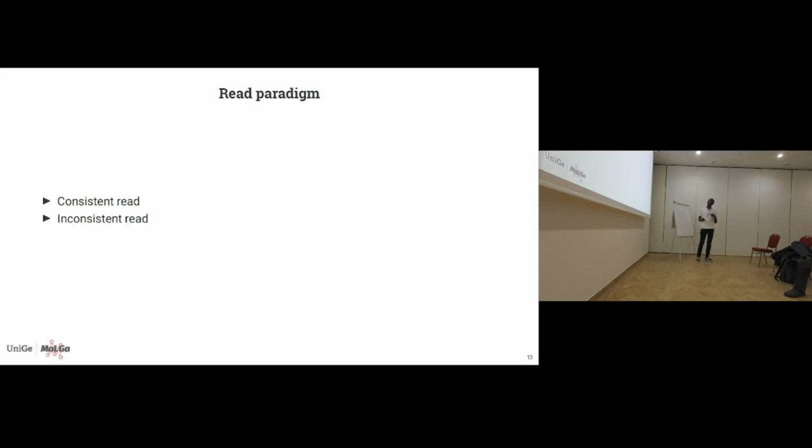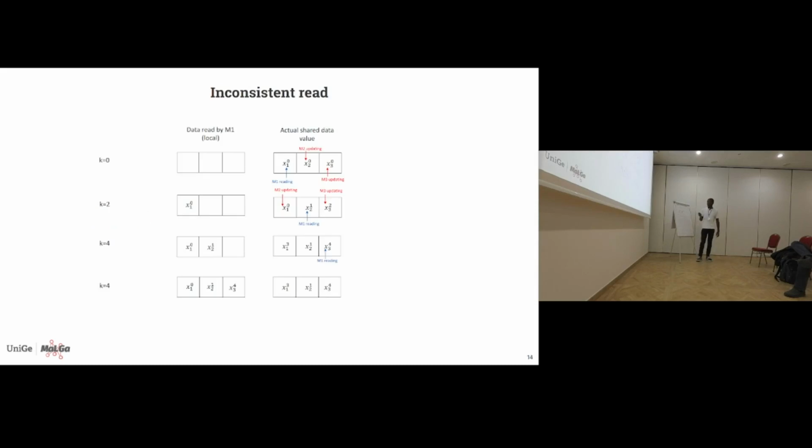I will try to explain the inconsistent read, and I hope it will be clear. Let's say we have this local memory here for machine 1. Since it's a vector, the atomic operation is by coordinate, so you read the data coordinate by coordinate. Let's say it starts reading the first coordinate, right?